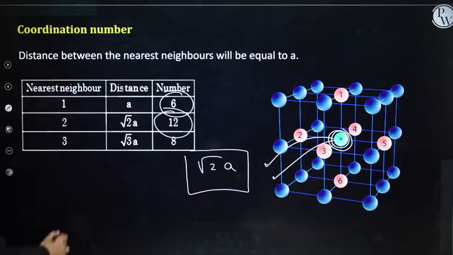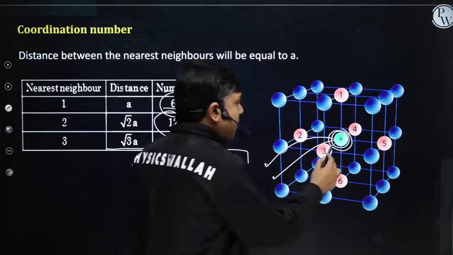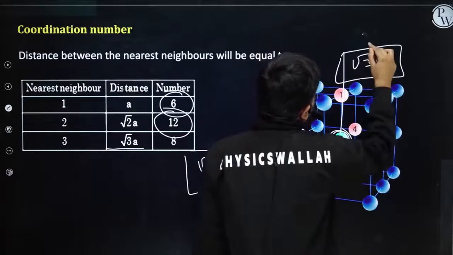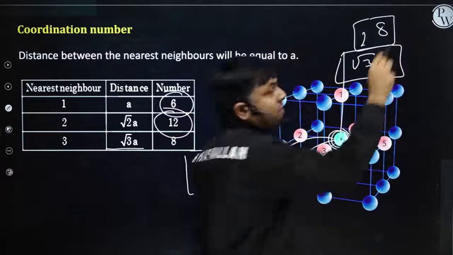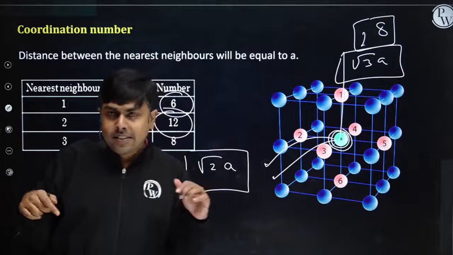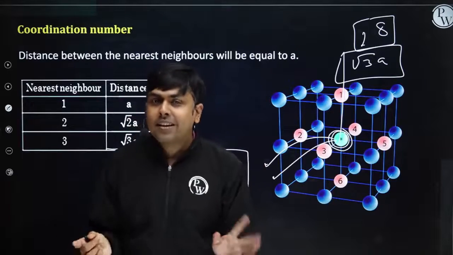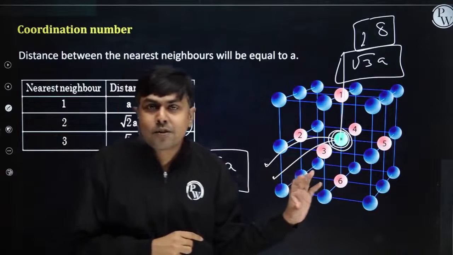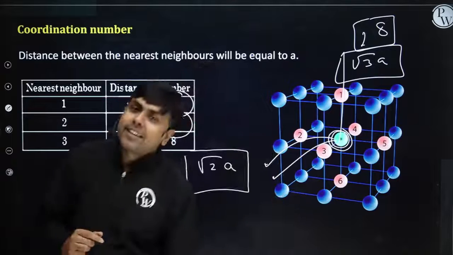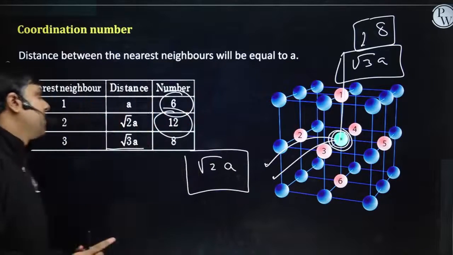Next to next nearest neighbor, we find at a distance of root 3a. If I move at a distance of root 3a from here, it is going to be surrounded by 8 particles. So if I talk about SCC, coordination number 6, next nearest neighbor 12, next to next nearest neighbor 8. Next nearest neighbor we get at a distance of root 2a, next to next nearest neighbor we get at a distance of root 3a. Am I clear? Let's move ahead.